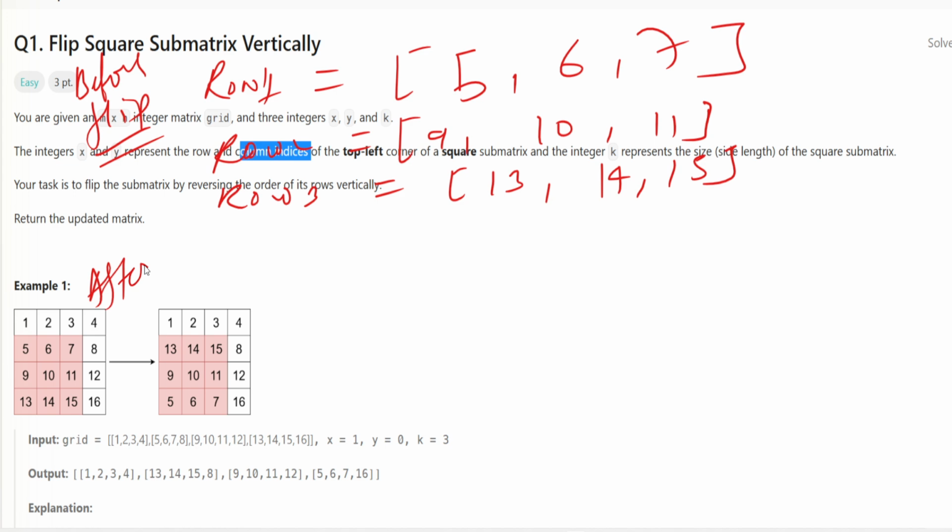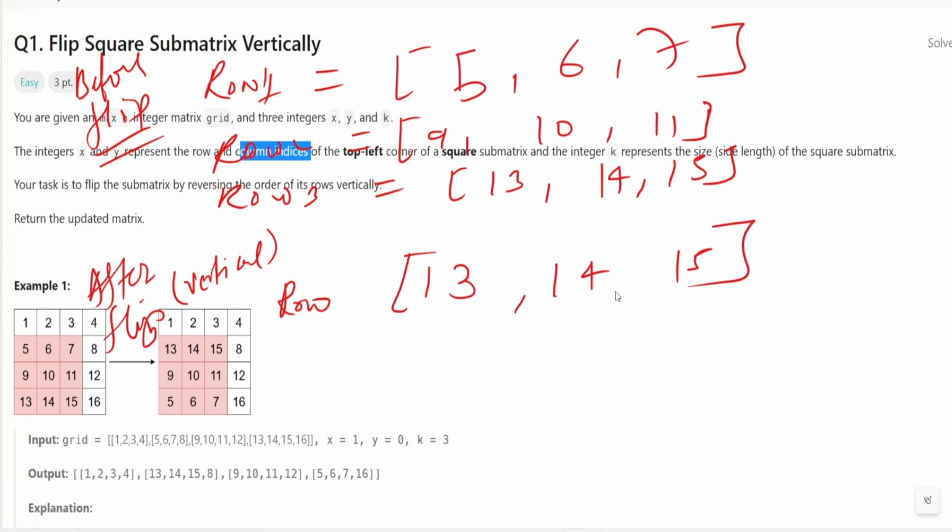After the flip, what will happen? Row 1 will become 13, 14 and 15, because we have to do a vertical flip. Row 2 will remain 9, 10 and 11.